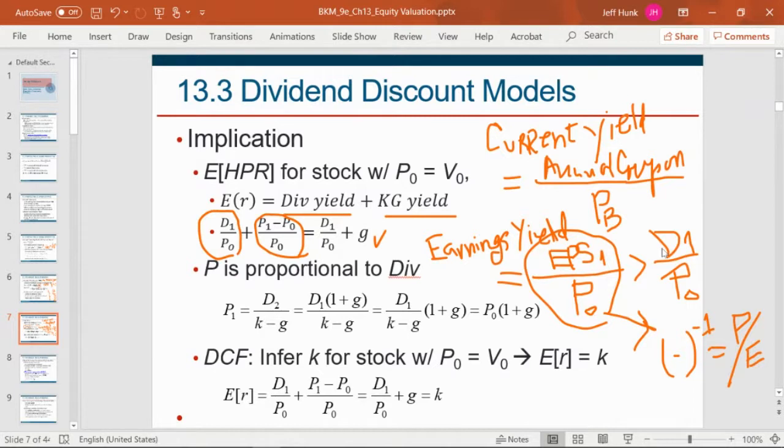But it's quite obvious that price is proportional to dividend, right? Now think about it. This is the intuition: price is a portion of, price is part of the earnings per share.